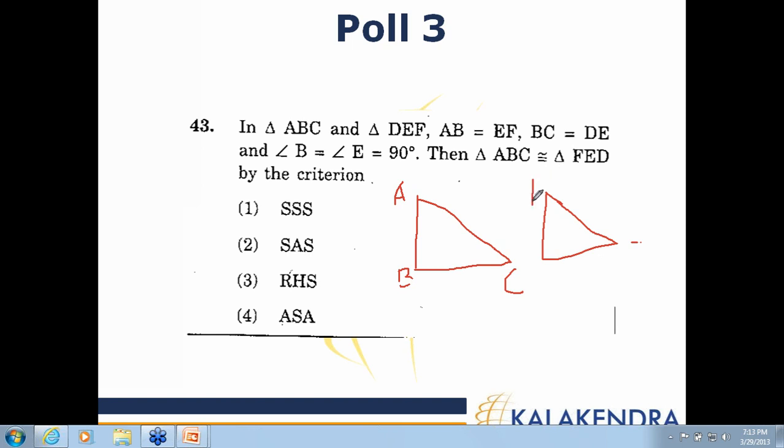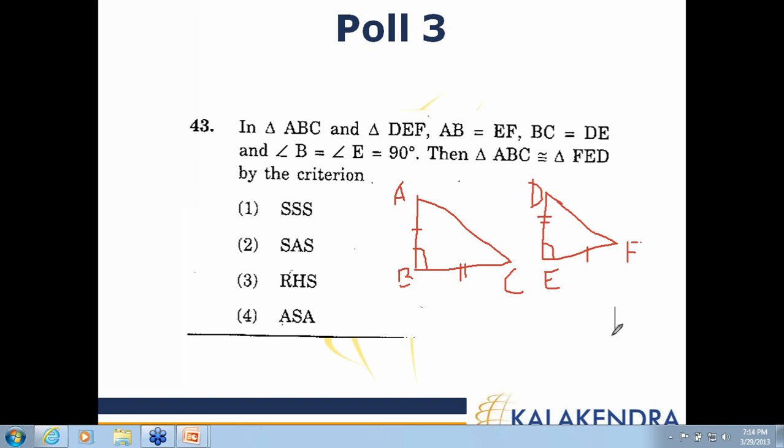Then we have D here, E, which is a 90 degree, and finally we have F. So we've got this 90 degrees as equal, and what else do we have? We've got AB equals EF, and BC equals DE.